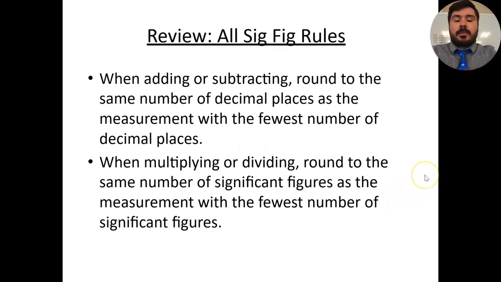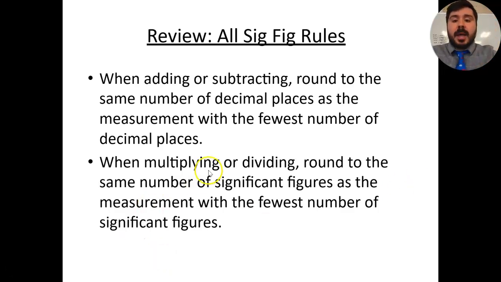Of course, our sig fig rules for our different mathematical operations. When it comes to adding or subtracting different measurements, we make sure that we are rounding based on the number of decimal places in all of our numbers, meaning the fewest number of decimal places. So adding or subtracting, fewest number of decimal places.